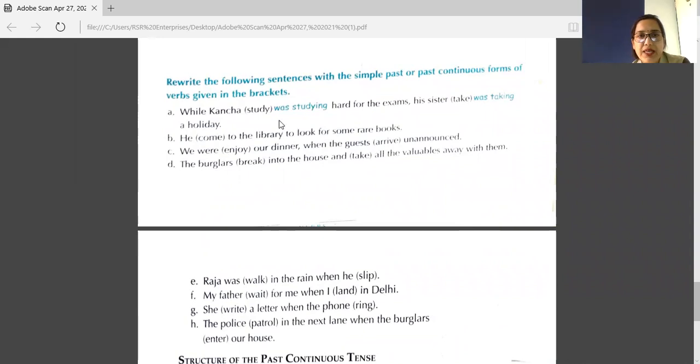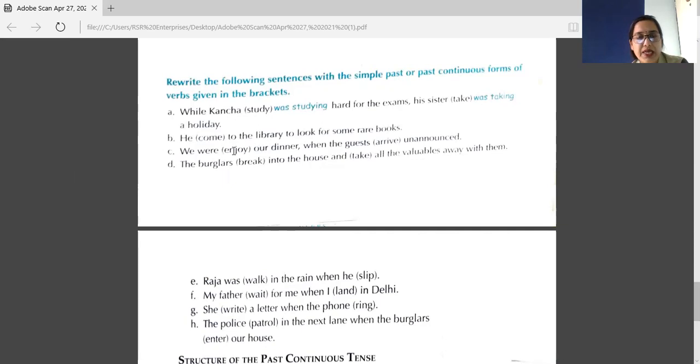While Kancha, the word in the bracket is study, hard for the exams, his sister, the word given there is take a holiday. So two simultaneous actions there. So we have past continuous. While Kancha was studying hard for the exams, his sister was taking a holiday.